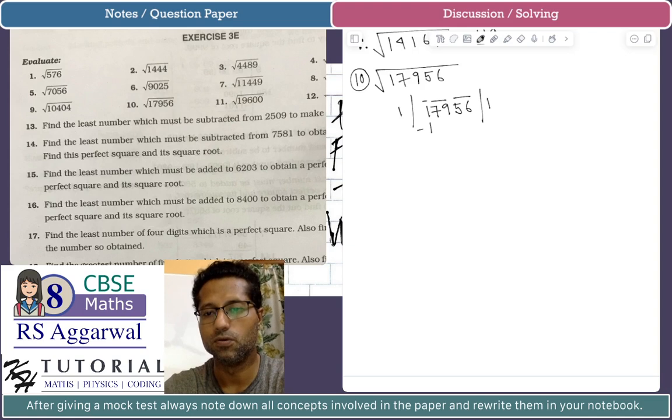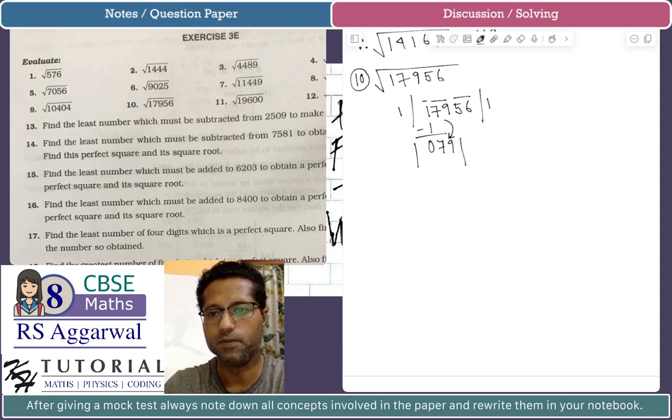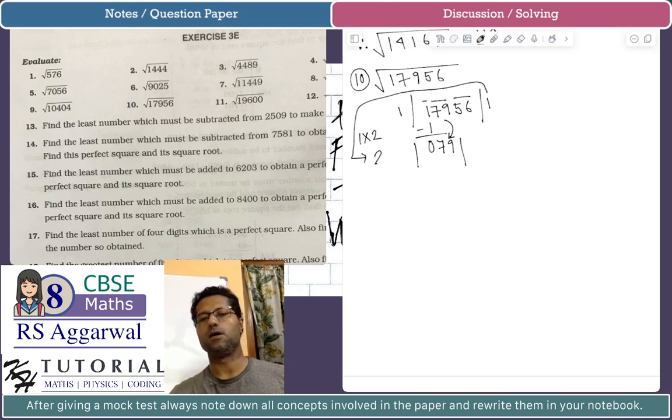This becomes 0, and we bring down the next period. Then we multiply the current quotient, which is 1, and the partial divisor becomes 2.